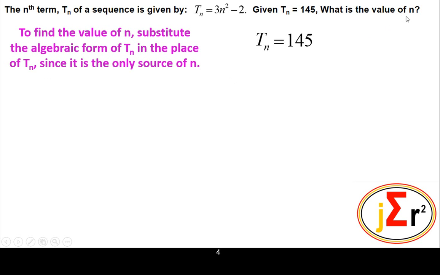Yes, so if we need to find n, we must have a source. And the only source of n is this expression, 3n² − 2.